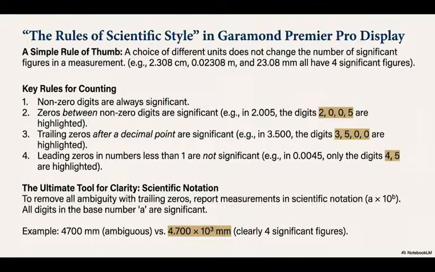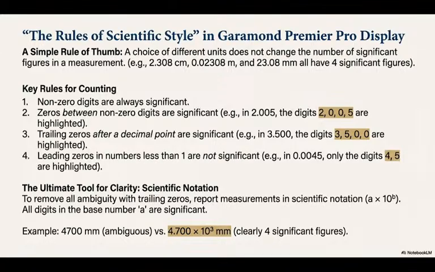The ultimate tool for clarity, scientific notation. To remove all ambiguity with trailing zeros, report measurements in scientific notation. You have to write in scientific notation a times 10 power b. All digits in the base number a are significant. For example, 48700 millimeter we can write as 4.870 times 10 power 3 millimeter.